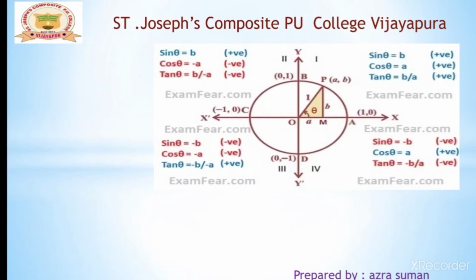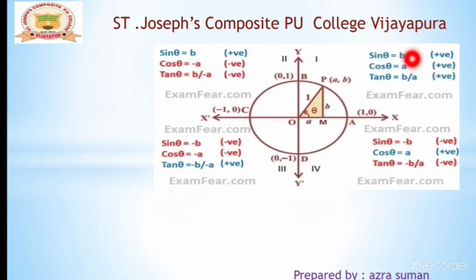Look at this figure. Here the A coordinate is cos theta and the B coordinate is sin theta, and both coordinates A and B are lying in the first quadrant. It means both coordinates are positive, because x is positive and y is positive. This implies sin theta, which is B, and cos theta, which is A, are both positive.